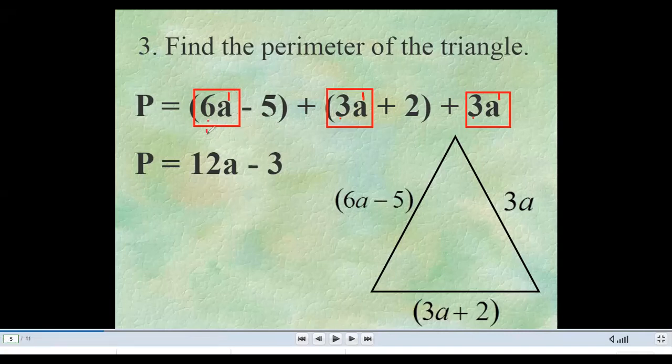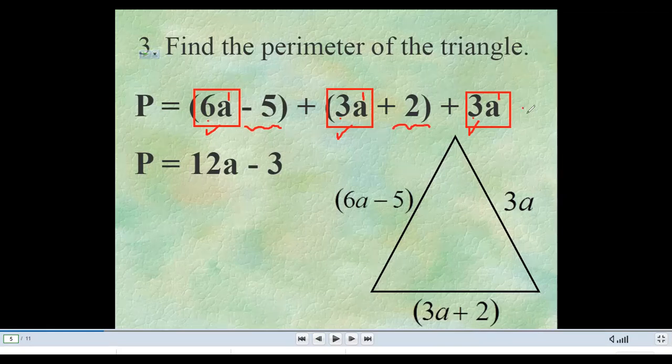Then I'm going to add 6 plus 3 equals 9, plus 3 equals how many? Equals 12. After that, I have negative 5 and 2. Do you have any other number here? We don't.